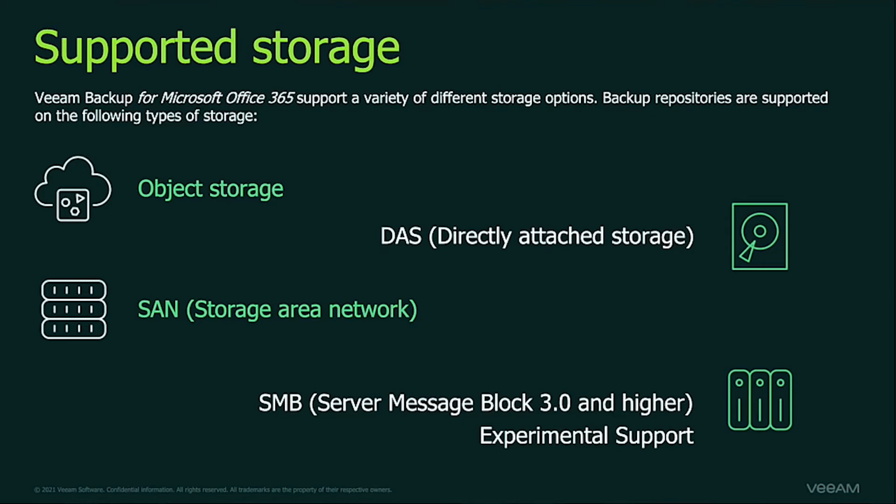We also support SAN types of technologies, but there are some limitations depending on your network. You need to make sure everything is within one hop of a network connection away from your primary server. And we all know that networks can have hiccups, which could lead to some type of data drop from the primary server to those repositories. So ideally, you want to use a direct attach type of storage or an object storage if possible.